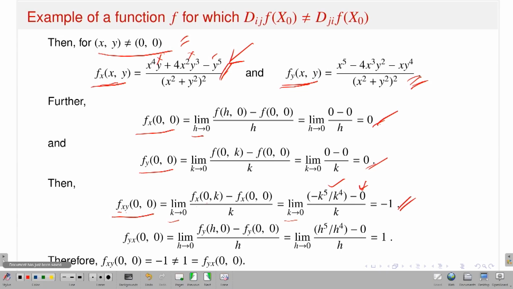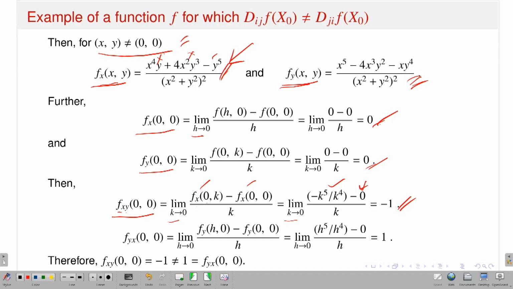So to talk about the second order partial derivative of f_xy at the point (0,0), first you need the partial derivative of f with respect to the x variable at each point, then only can I talk about the limit of the second order partial derivatives at the point. Unless your first order partial derivative is defined in a neighborhood of (0,0), I cannot talk about the second order partial derivatives.